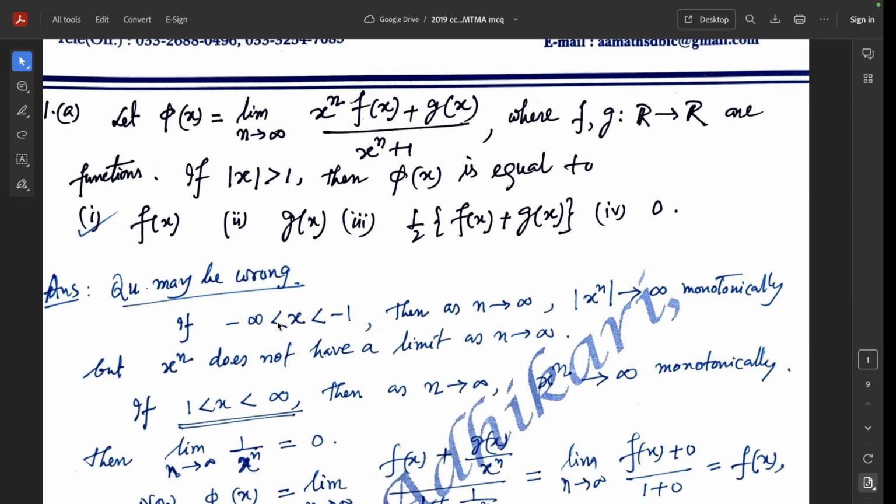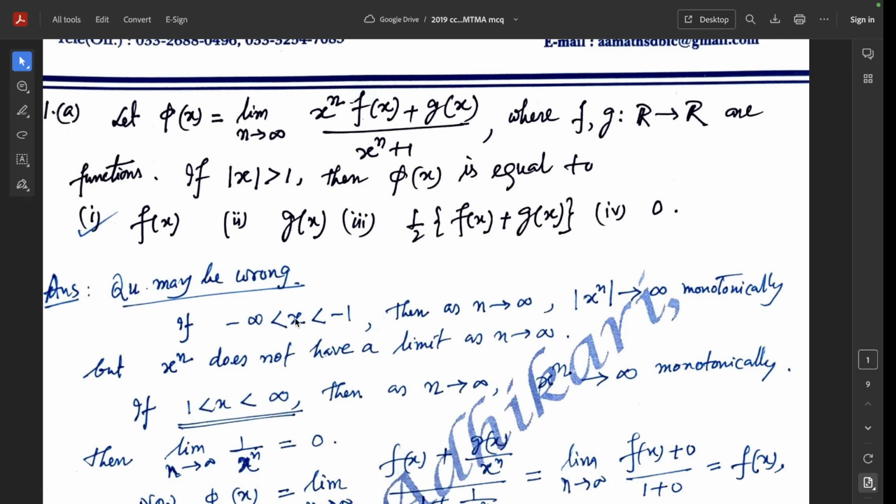If minus infinity less than x less than minus 1, then as n tends to infinity, mod of x to the power n tends to infinity monotonically, but x to the power n does not have a limit as n tends to infinity, because n can be even or odd.